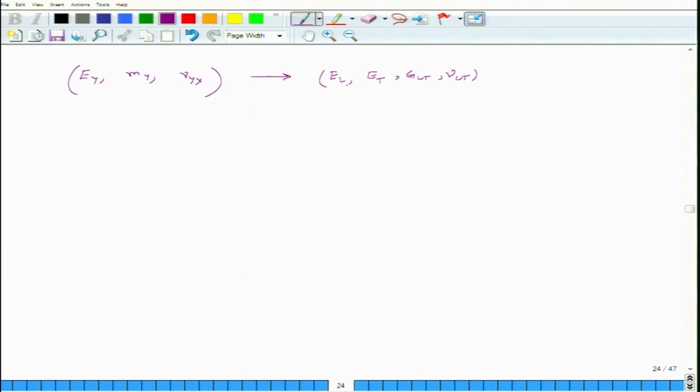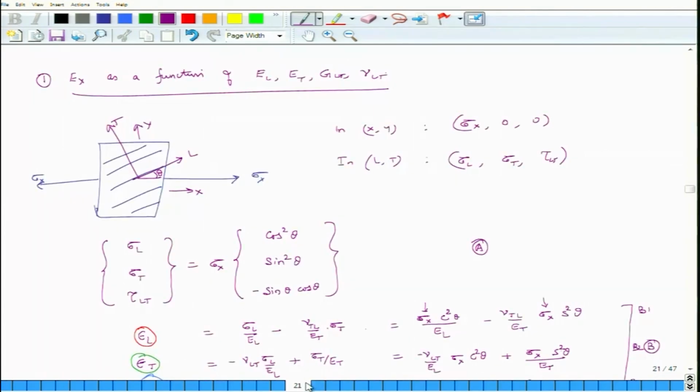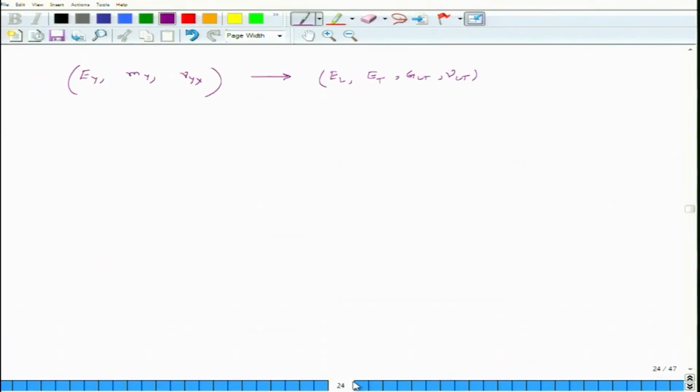So we will develop these three relations. For the first set of relationships, we had loaded the material in the x direction. Now what we do is we load the material in the y direction and we will get similar relations.